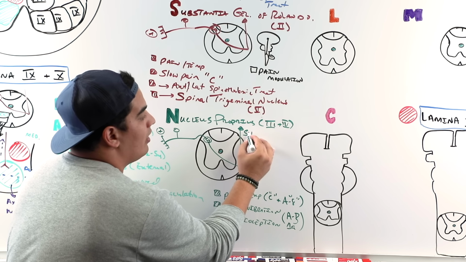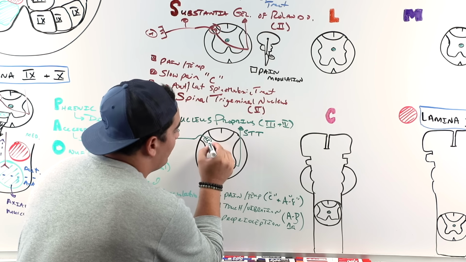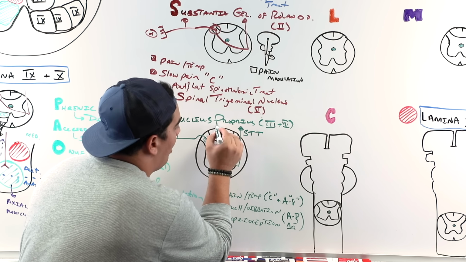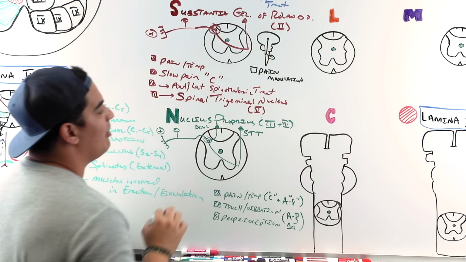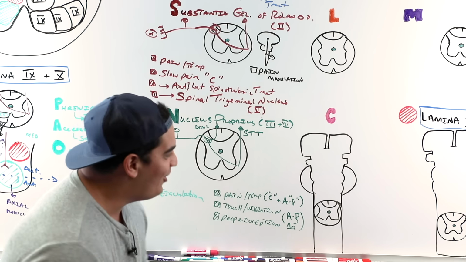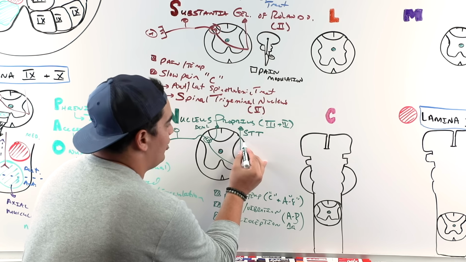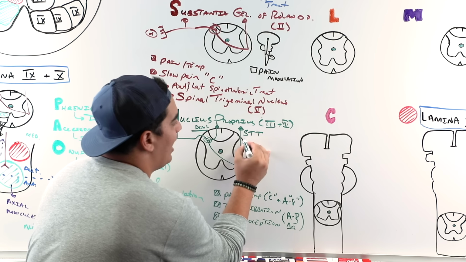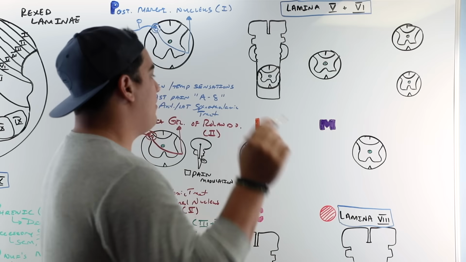The spinothalamic tract, or it can give off cell bodies that move up via the dorsal column medial lemniscus pathway. We know these things, right? So we know that it can give way to the dorsal column medial lemniscus pathway or the spinothalamic tract. Boom, roasted.